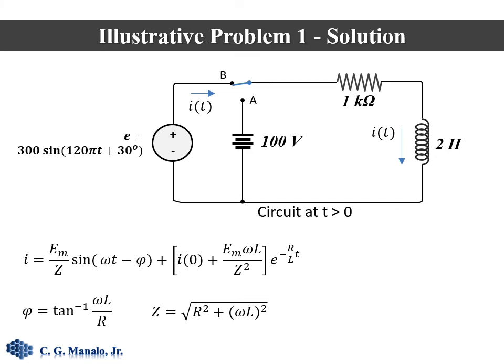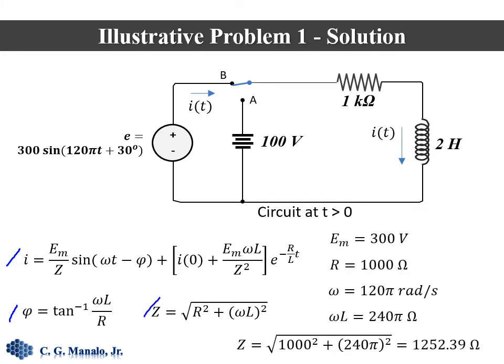So this is our formula for the complete response where phi is given by this one and Z by this one. From the givens, we have these details, and from this we can compute our impedance, and that will give us this result.